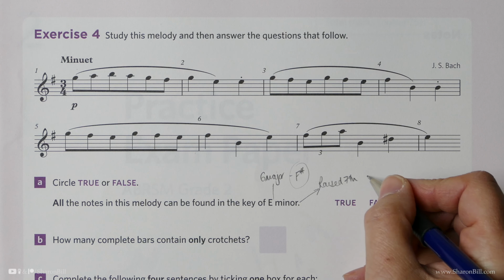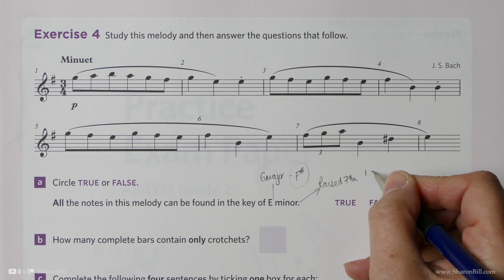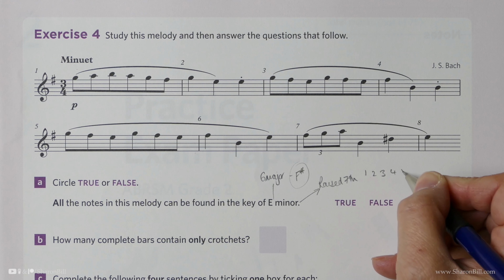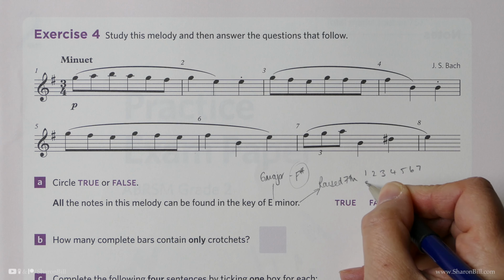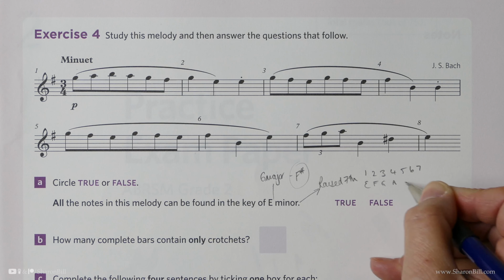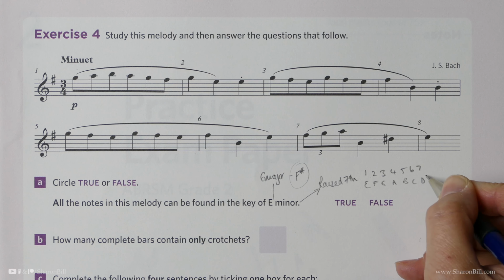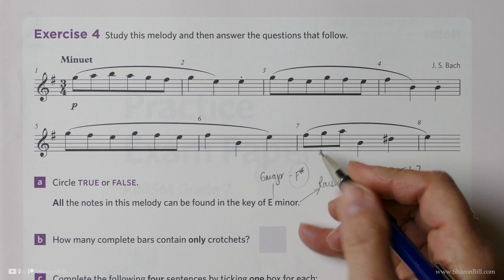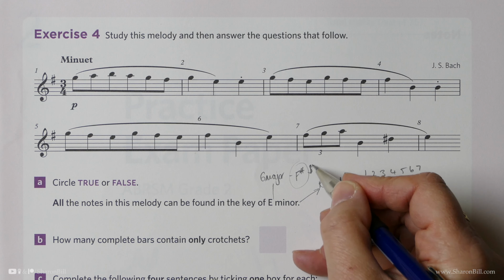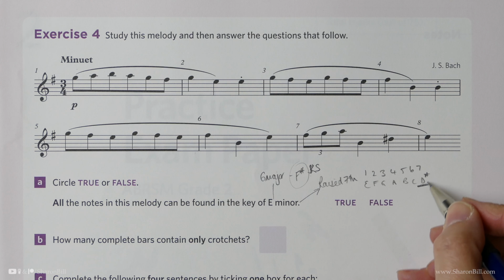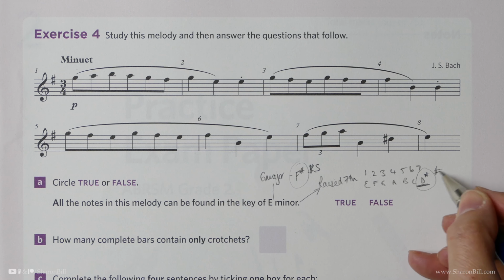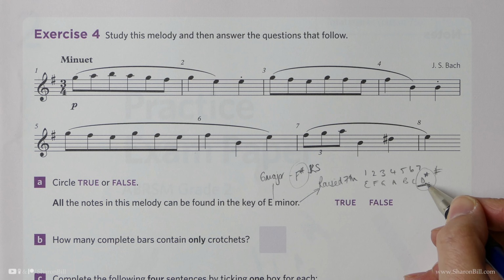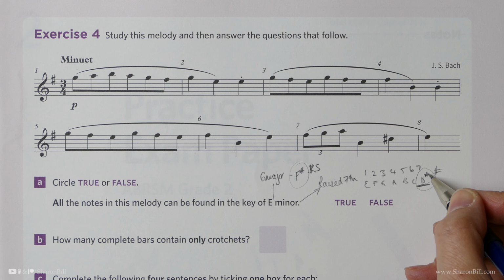So if we count from E, 1, 2, 3, 4, 5, 6, 7th: E, F, G, A, B, C, D. The D should be raised, and that is always as an accidental, so we should have a key signature of F sharps and then an accidental dotted throughout the music. Every time we see a D, it will be showing a sharp.